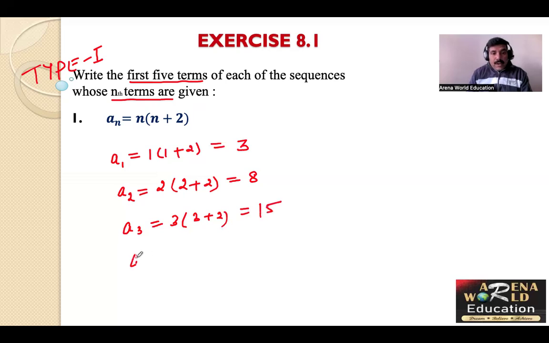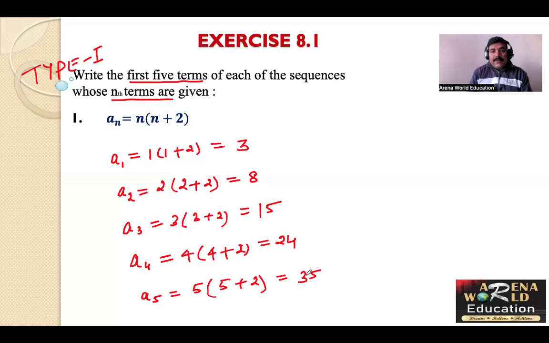Yes. So now A4. A4 will be what? 4 into 4 plus 2. So this will be what? 24. And last is A5. And A5 means replacing n with 5. So 5 into 5 plus 2. So that will be 35.